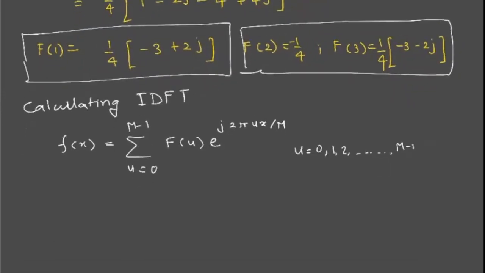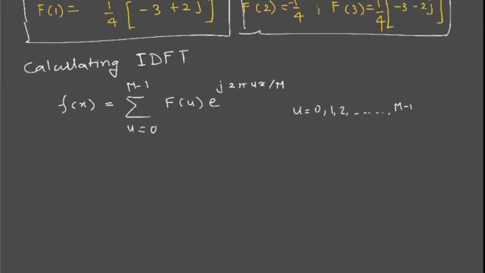Now let us calculate only f of 0, because we know our f of 0 is 1. Let's calculate. So we will have f of 0 equals, now we will need all the values of u in order to calculate it. So it will be 0 to 3 and it will be f of u, and now because our x is 0, the exponent again becomes 0.